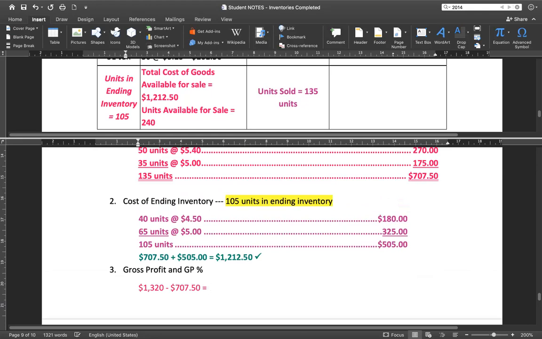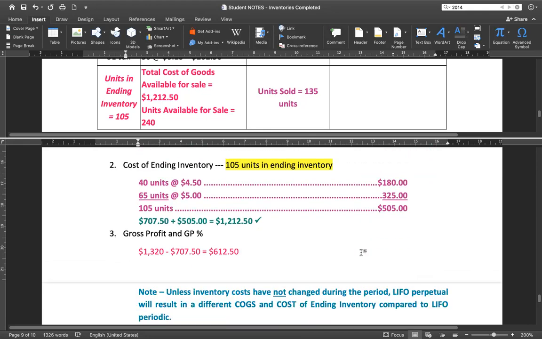And that will give us then a gross profit of $612.50. All right, so this is equal to the gross profit. Now, what is the gross profit percent?